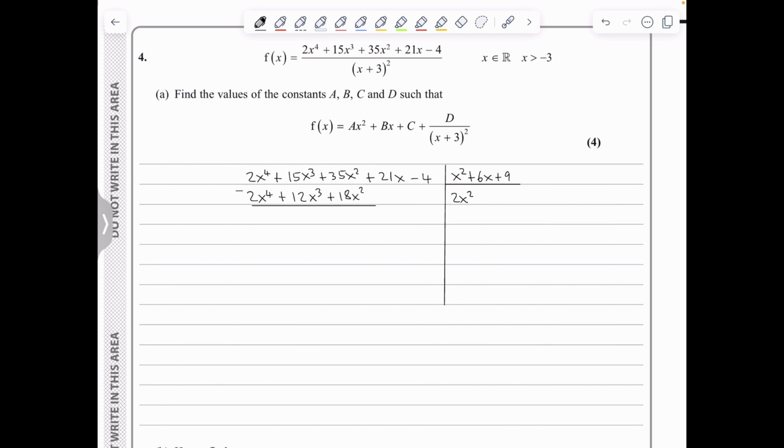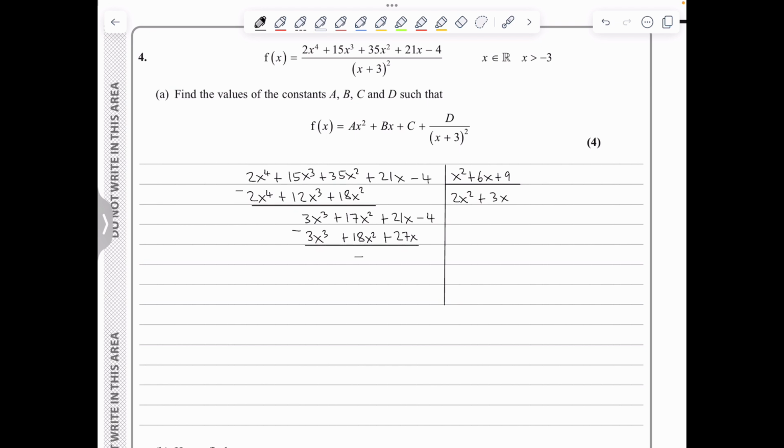This will give me the 2x to the power of 4 cancelling out, and I also have 3x cubed plus 17x squared plus the 21x minus the 4. Now I will be multiplying x squared by 3x to get 3x cubed, so let me put a plus 3x here. So I've got 3x cubed plus 18x squared plus 27x, and I will subtract once more.